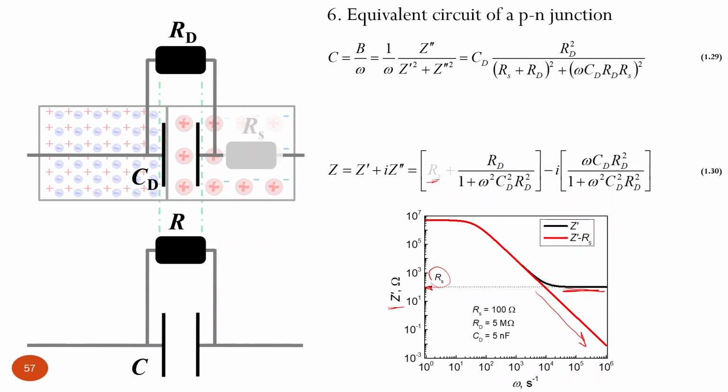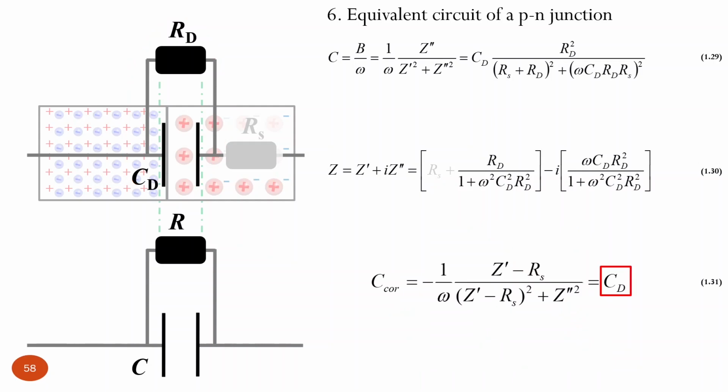Once we do this, we go from the real circuit, which includes this series resistance, to a corrected, already ideal equivalent circuit, where we have only the capacitor we're interested in and a resistor connected in parallel. So instead of having just Z prime, we put here Z prime minus RS, we do this correction, and we get the corrected capacitance.